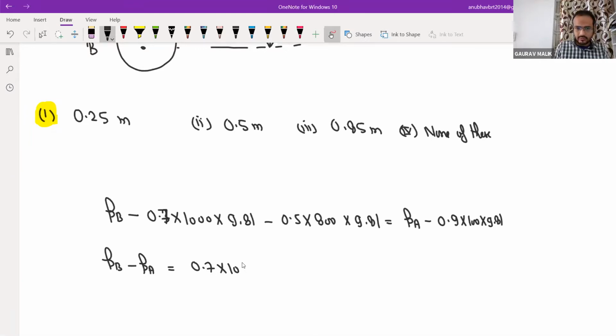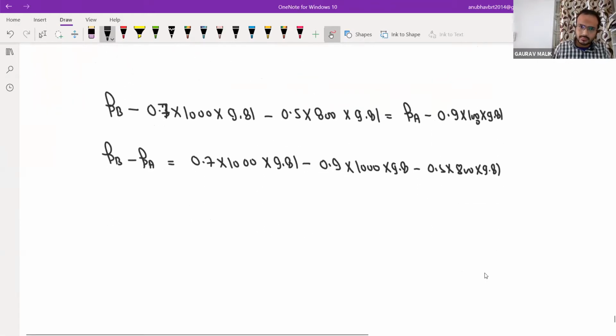0.7 into 1000 into 9.81 minus 0.9 into 1000 into 9.81 minus 0.5 into 800 into 9.81. Take common 9.81 into 100.